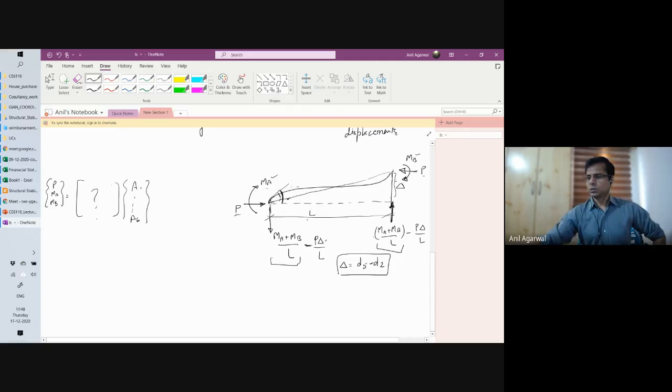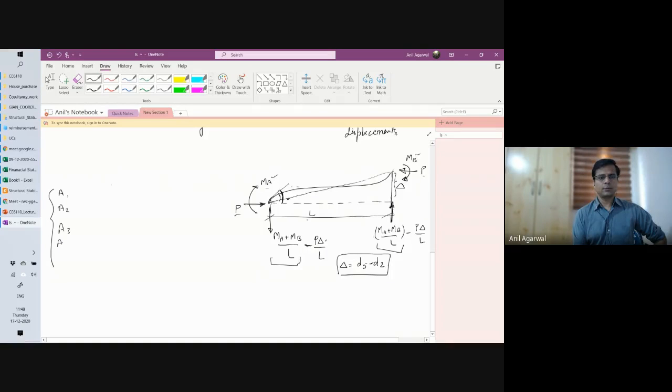So let me write A1, A2, A3, A4, A5, A6, which is equal to some matrix multiplied by P, MA, MB.